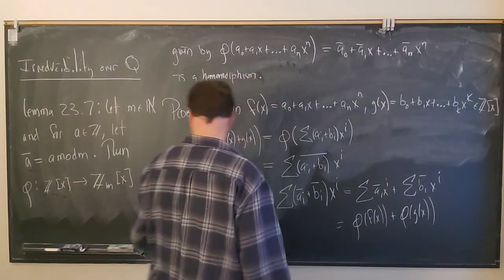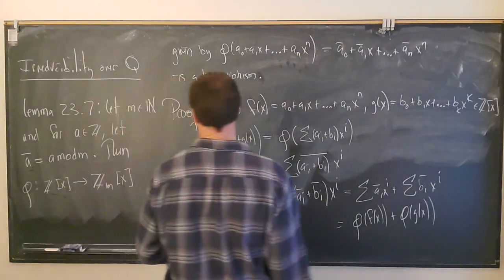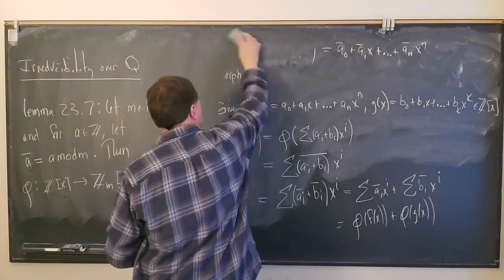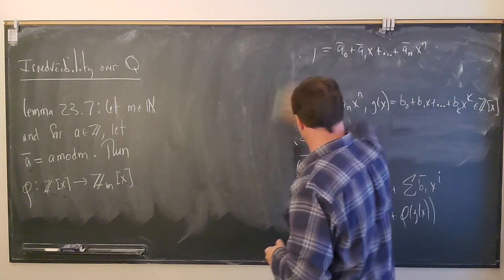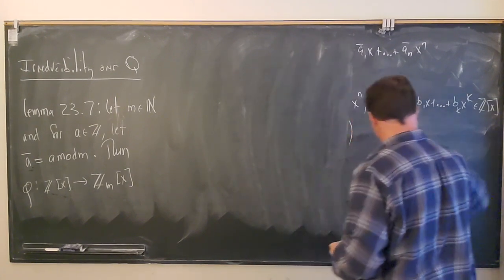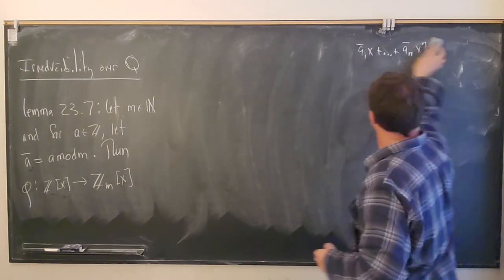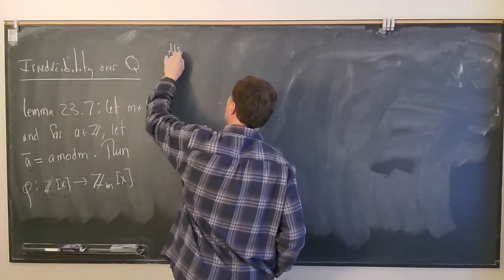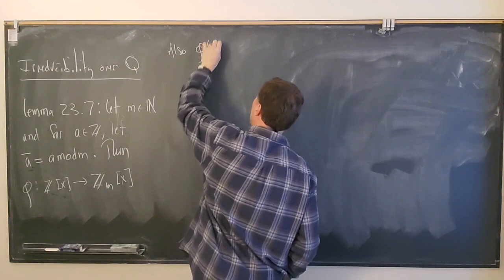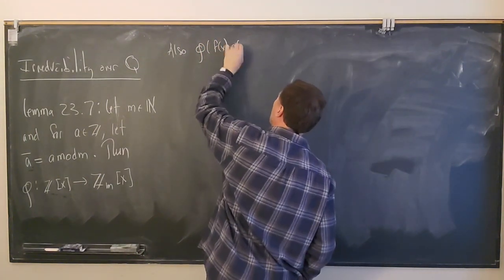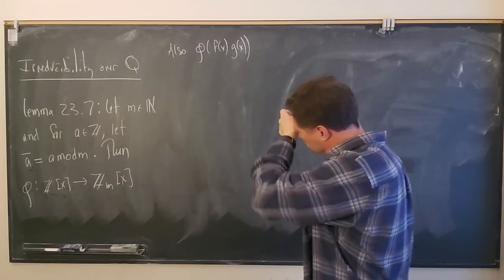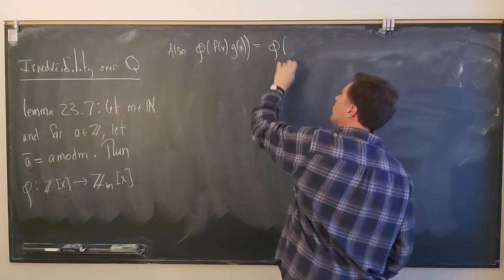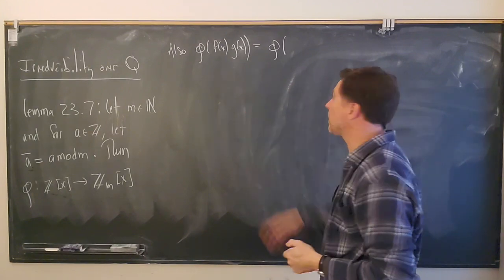Now we need to check multiplication. Also, if I look at phi of f(x) times g(x), that's going to equal phi of the product, where I multiply the polynomials inside the parentheses.